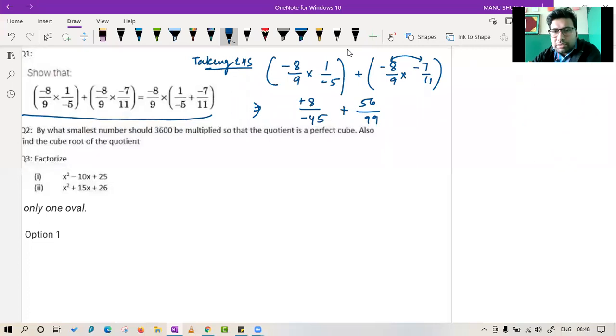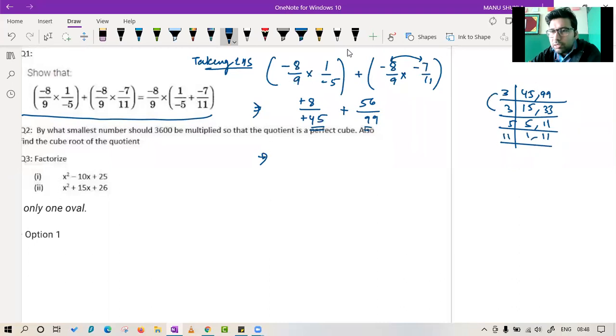Now we can cut these negative signs because they both are in division. So now tell me, what is the LCM of these two? What is the LCM of 45 and 99? We can start with 3, 3: 15, 33, 3, 5, 11, then 5, then 11.